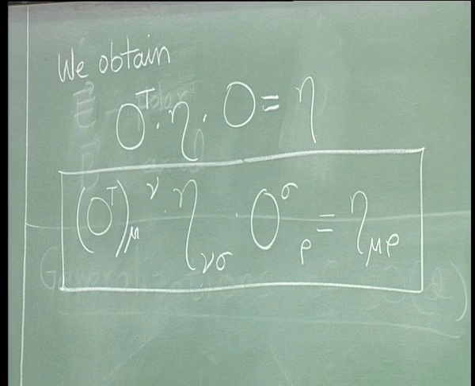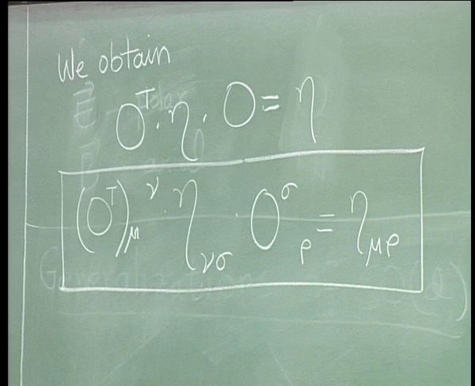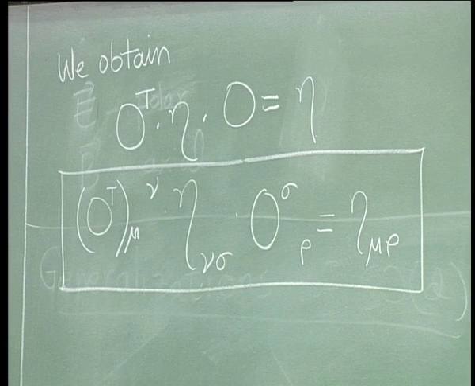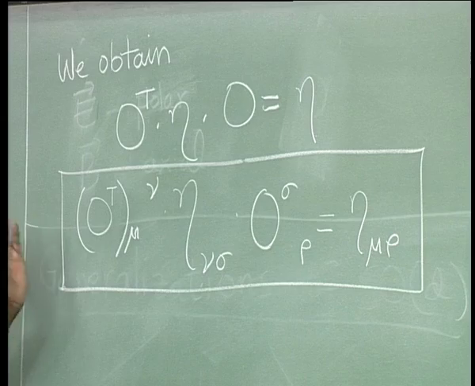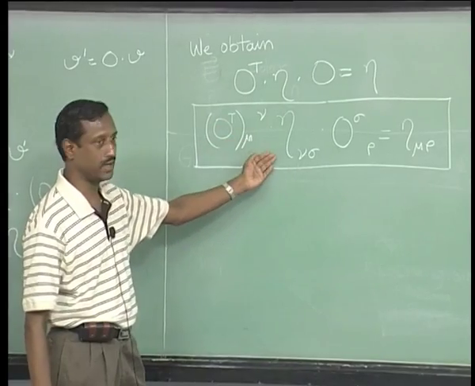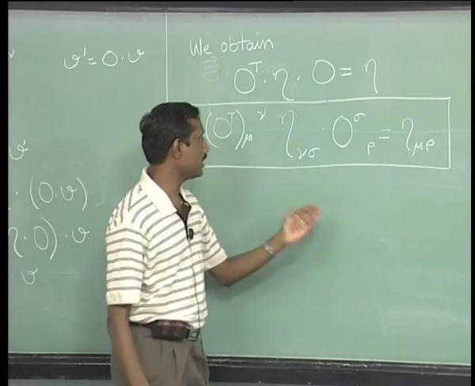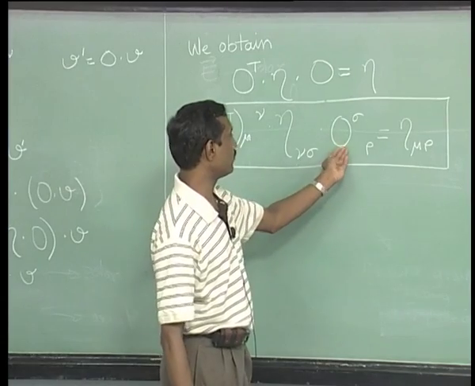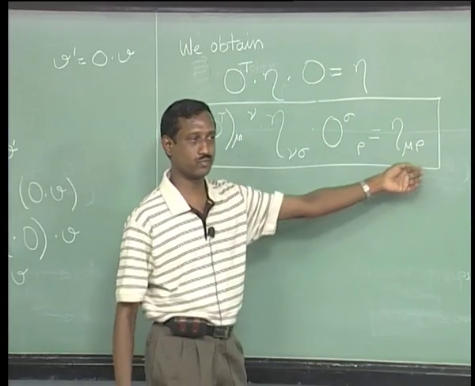So, now again it looks very complicated, but we can still ask a few statements about this. What about determinant of O? So, like before, if you take the determinant of the left hand side, it is equal to determinant of O transpose times determinant of eta times determinant of O equal to determinant of O eta.